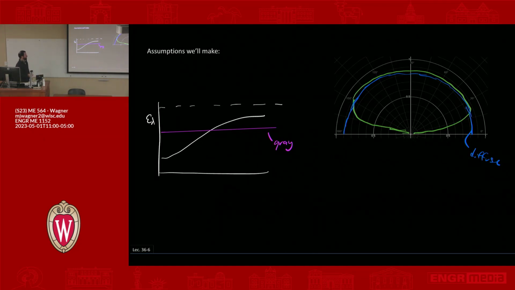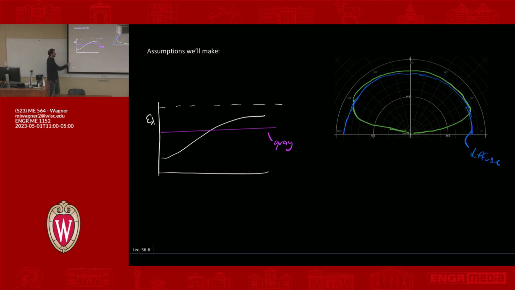Why, by the way, am I calling it a gray surface? Well, if you have emissivity up here, this is black. If you have emissivity down here, this is white. If you have this curve, it's preferentially emitting or reflecting light at a particular wavelength.